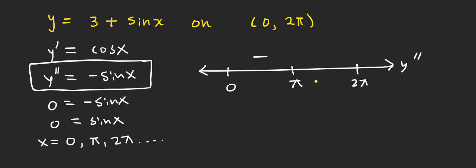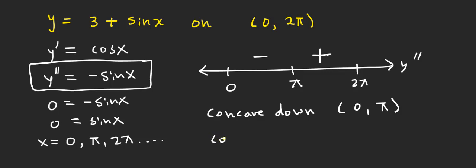What about 3 pi over 2? Sine of 3 pi over 2 is negative 1. Negative 1 times negative is positive. So as you can see, y is concave down from 0 to pi, and concave up from pi to 2 pi. Now remember, when we talk about concavity, we're talking about the concavity of y.